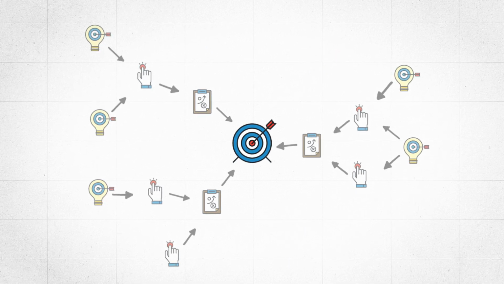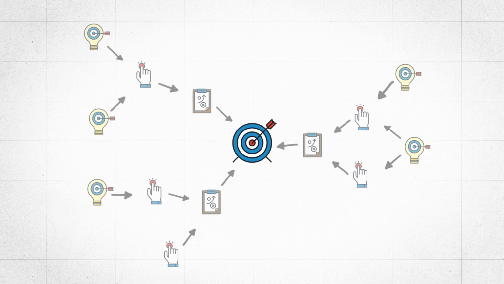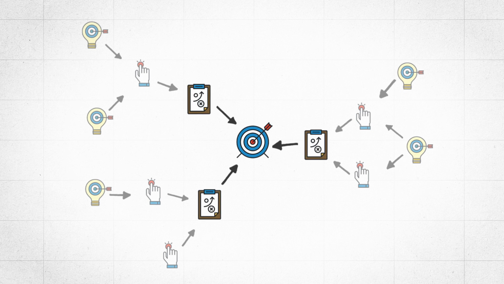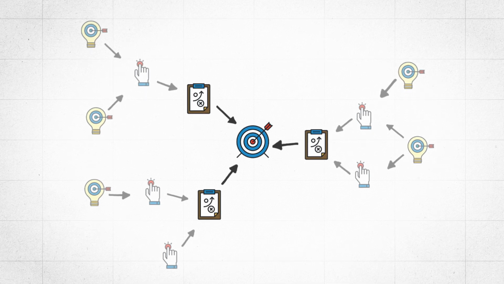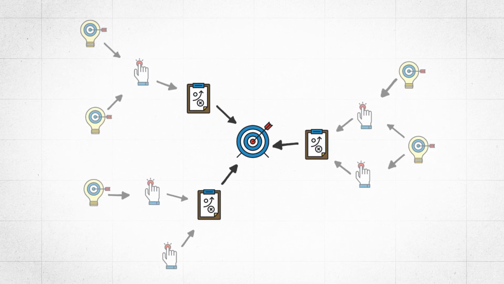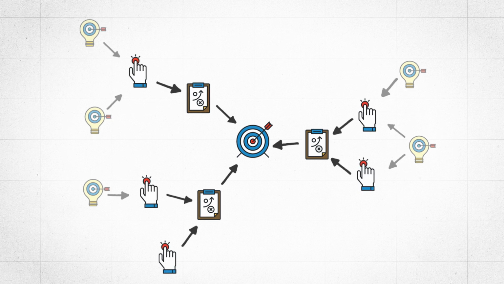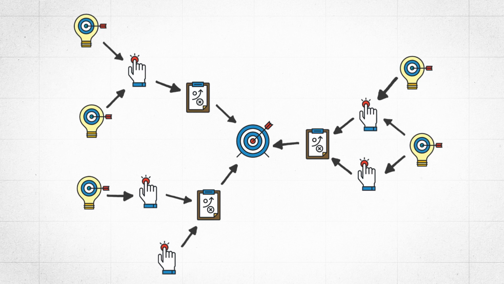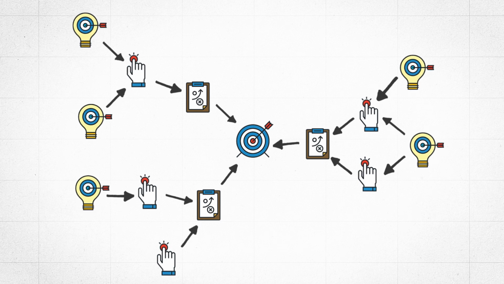Now, by the time you're done, you'll have something that looks like this, starting with a business goal in the middle, tasks or behaviors that need to be taken to achieve that business goal, practice activities that you can create to help learners practice those tasks or behaviors, and finally, the minimal amount of information necessary to complete those activities. All right, so that's what an action map is and an overview of how to create one.